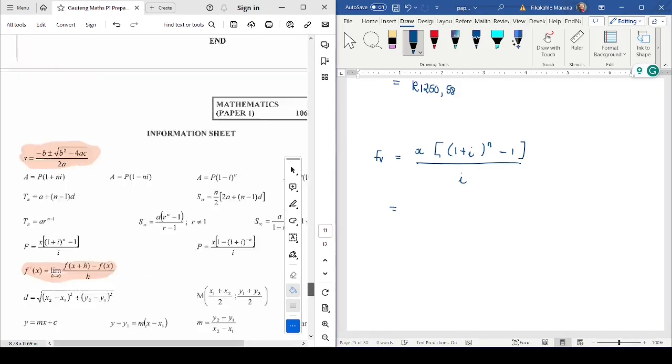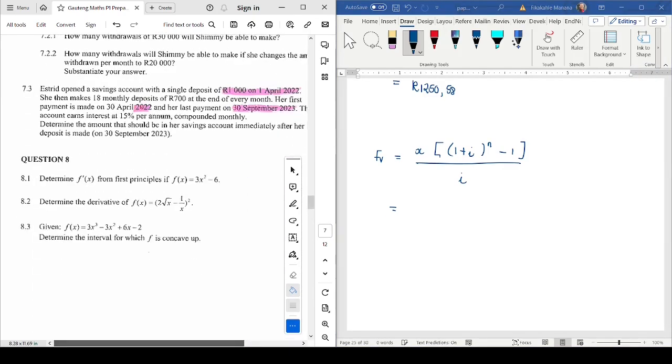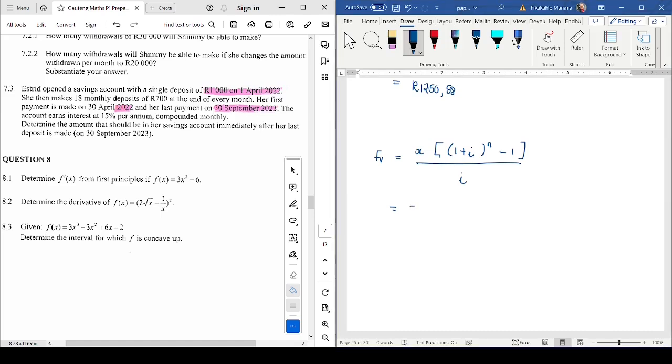All right, let's go back to the question. All right, so we have 700 in the place of X. 1 plus the interest rate, which is 15% per annum compounded monthly. And that is done over 18 payments for 18 months. And that's just divided by the interest rate. So 15% over 12, or 0.15 over 12 if you prefer.